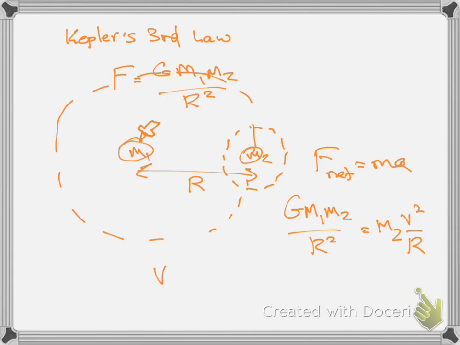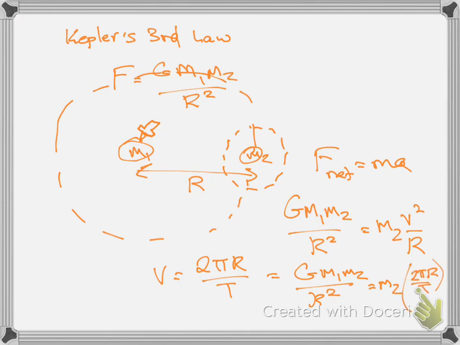Since v is equal to 2 pi r over T, at least assuming a circular orbit, we can do this argument easily. So G m1 m2 over r squared is equal to m2 times (2 pi r over T) squared divided by r, just plugging in 2 pi r over T for v.